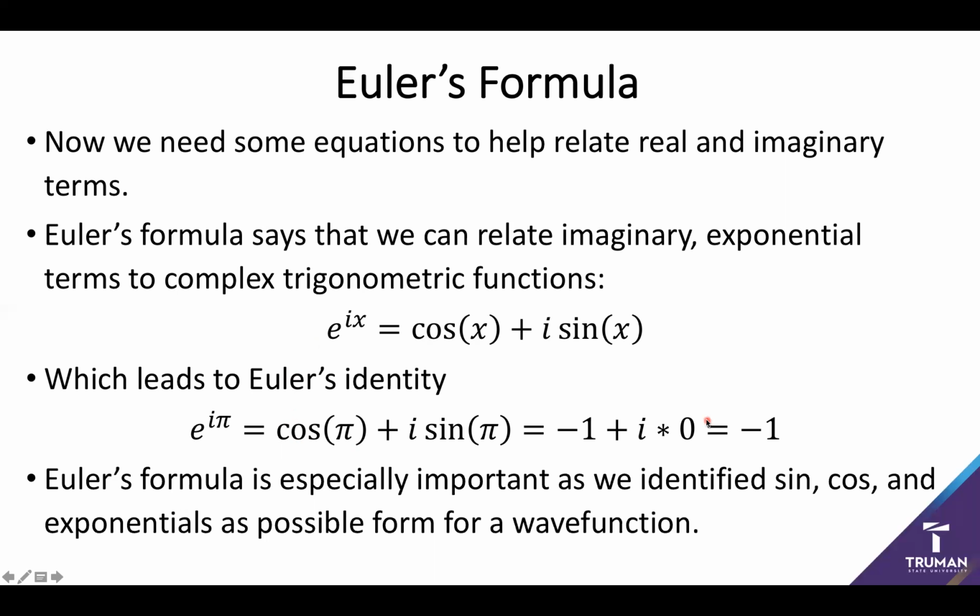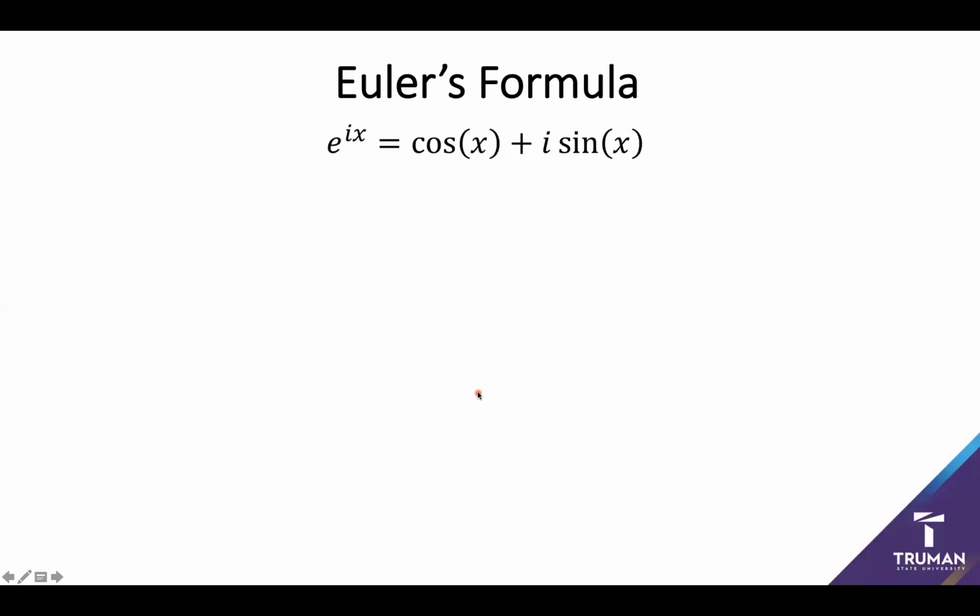Those possible functions were sine, cosine, and exponentials. Well, ta-da, exponential, cosine, sine, they're all here. And this is going to give us a way to relate these 3 functions, both in real and imaginary space. So there's a lot of utility.